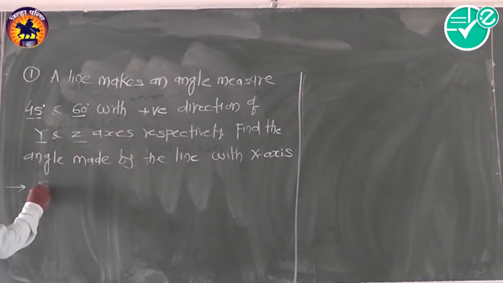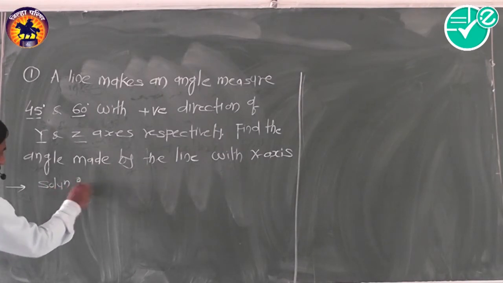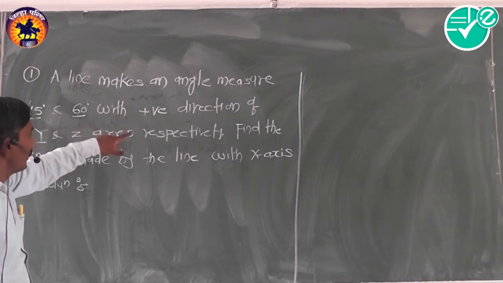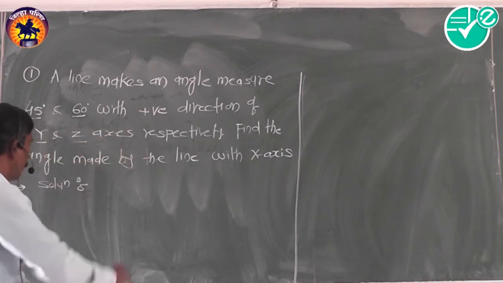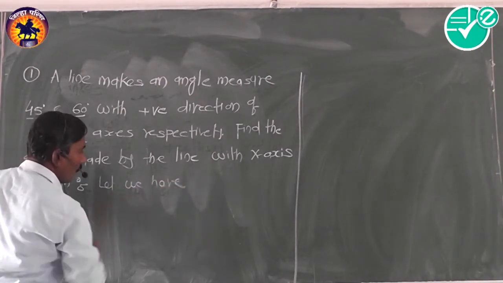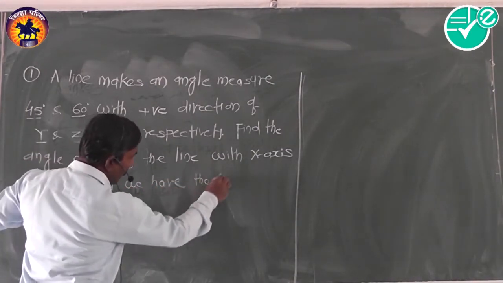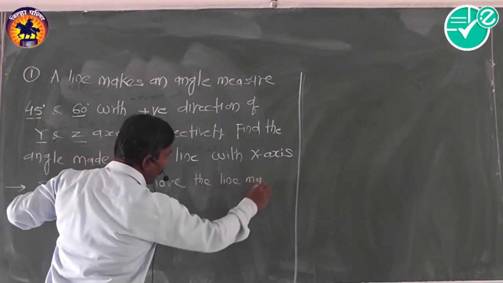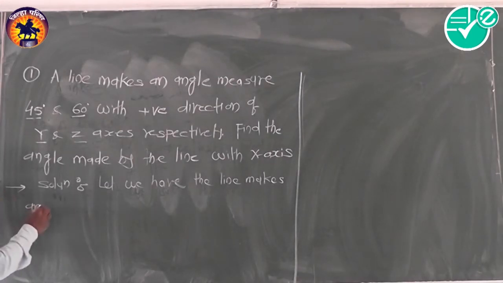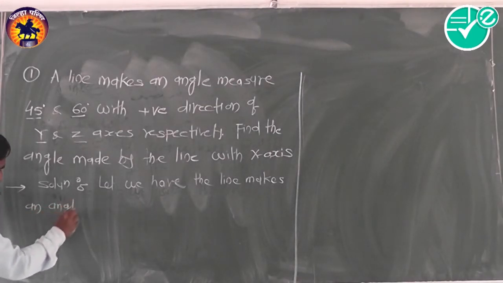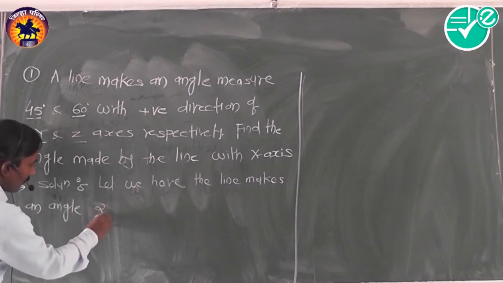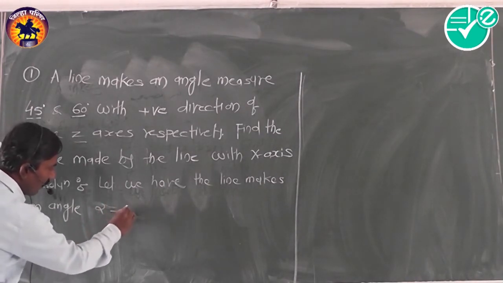So solution first: let the line make angles of 45 degree and 60 degree with the y and z axis. Let the line make an angle alpha with the x-axis. Alpha is not given here, alpha we have to find.